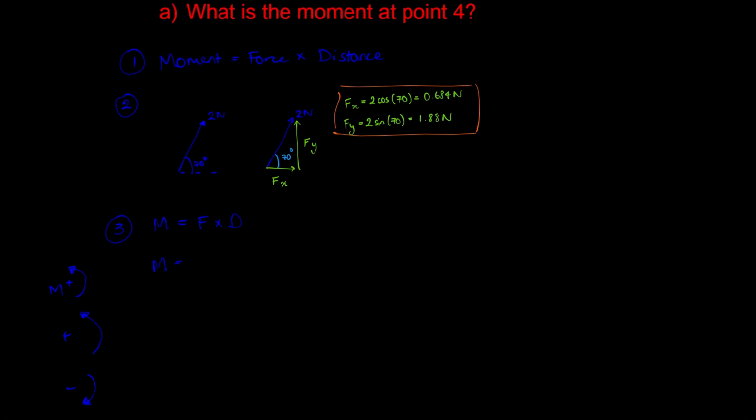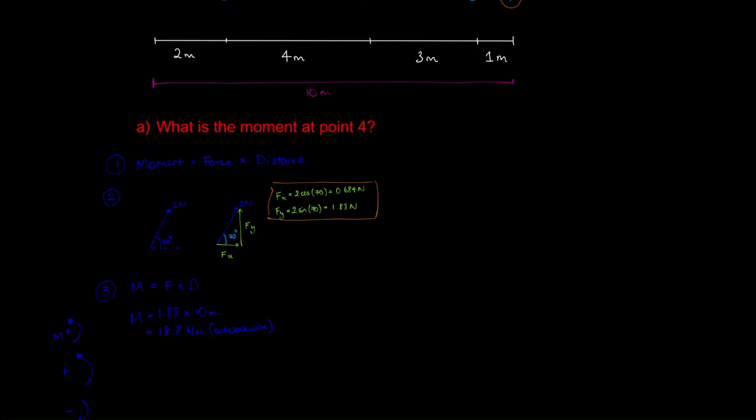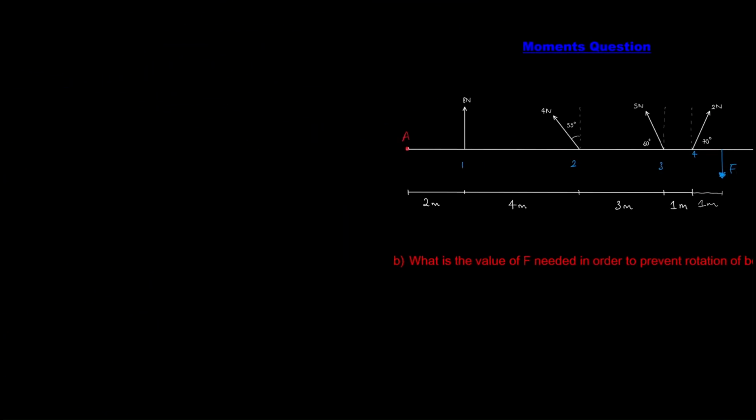So it's equal to our y force, times the distance, which is 10 meters, which is therefore equal to 18.8 newton meters. And we'll specify, in case you've got a different sign convention, that it's going anti-clockwise. Sweet, that's part A done. Now on to part B.